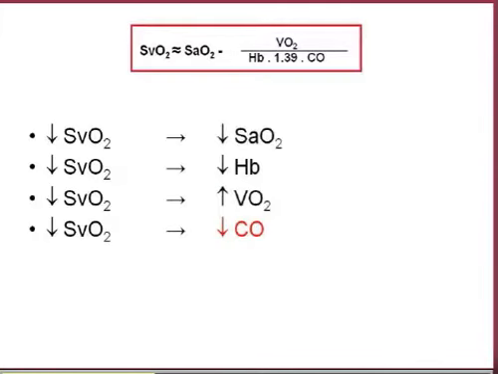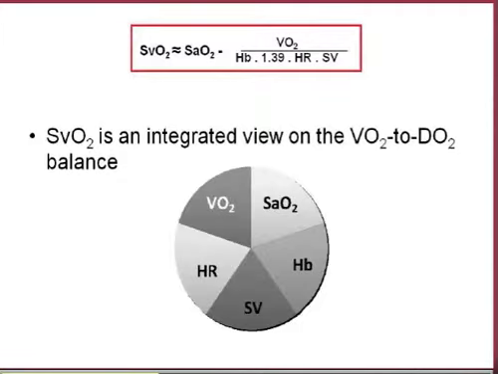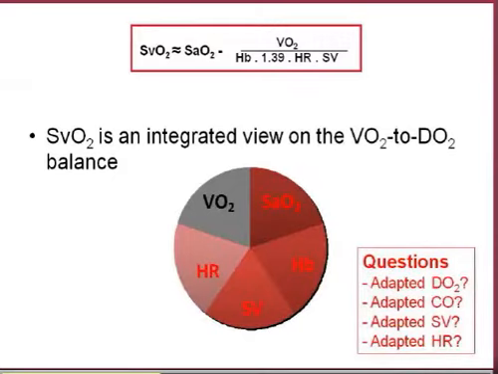Now the SvO2 can decrease per se because the cardiac output decreases, and the different determining factors of the cardiac output, the heart rate and the stroke volume put together, will help us to interpret the oxygen uptake to delivery relationship. And so the question we'll have for a patient is whether this oxygen delivery is adapted related to the cardiac output, the stroke volume, or the heart rate.